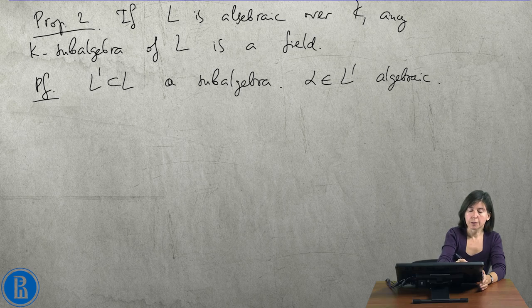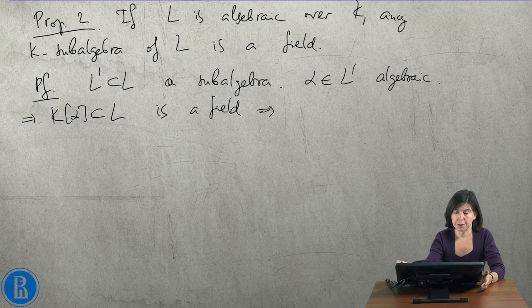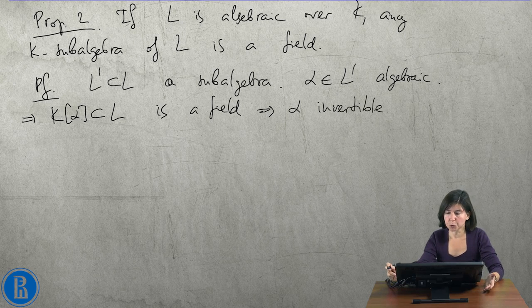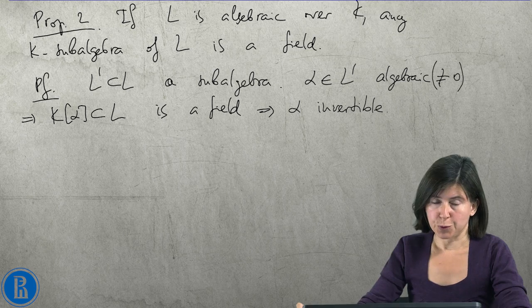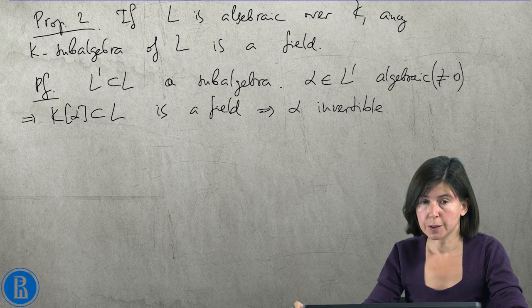And then I know that K of alpha, which is also a subalgebra of L, is a field. And then I know that alpha is invertible. And since I can do it for any alpha different from 0, it follows from this that L prime is a field.